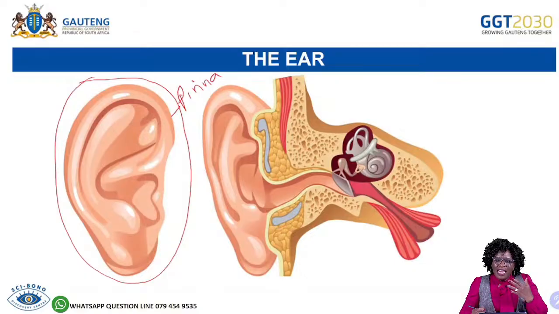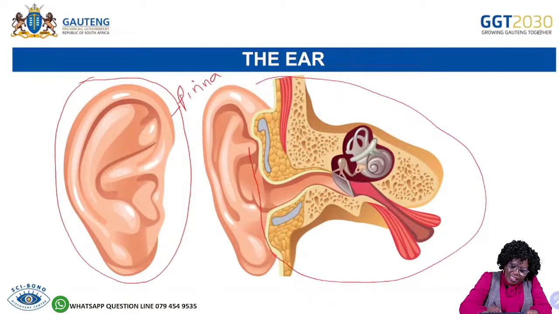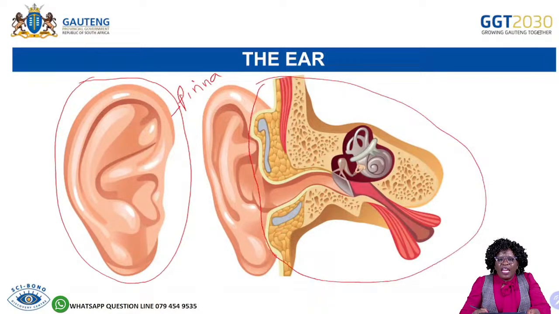There are many other different parts, and also from the outside to the middle ear and to the inner ear. Allow yourself to relax and listen as we unpack this whole journey through the ear. Do not despair. You look at this diagram, it is as simple as you see it. It is not complicated, and that is a promise.